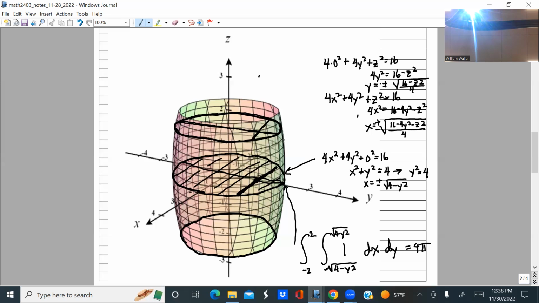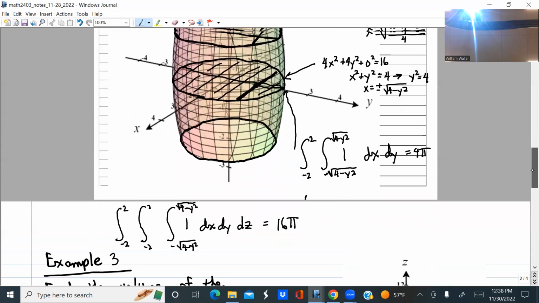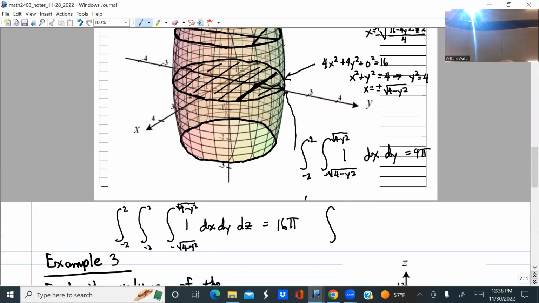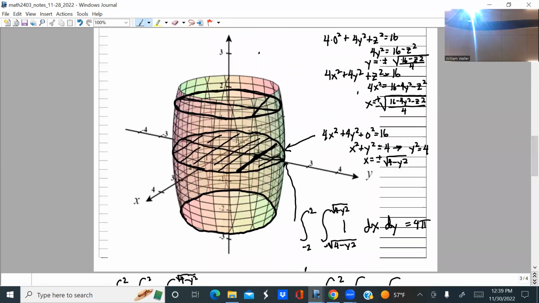And now what about z? Don't have to change that. It's still -2 to 2. All right, let's see if we can write all this down now. Oh, I don't even know if I have room. All right, so let's see if we can fill all this in. What was the proper triple integral? All right, so z is -2 to 2. What were the limits of integration on y? Up here, right?